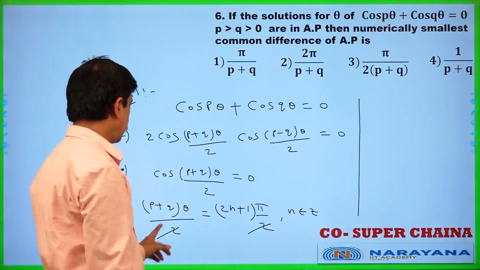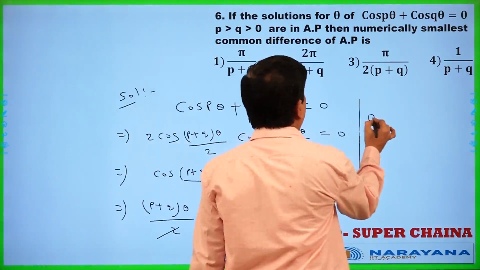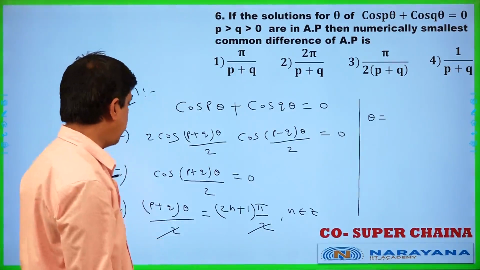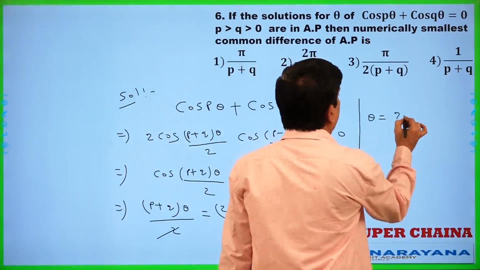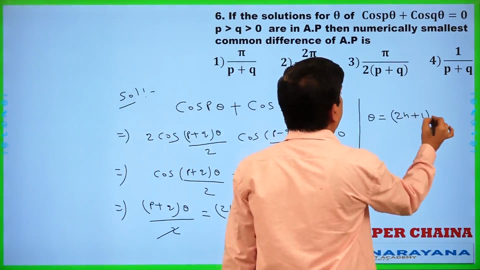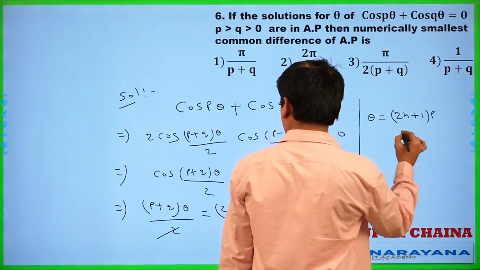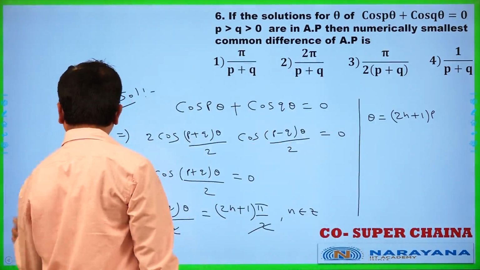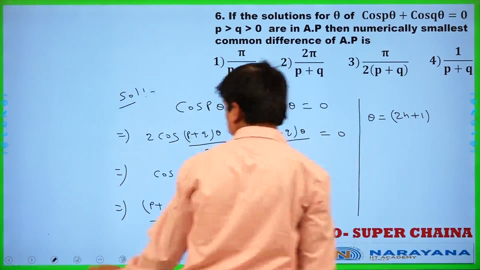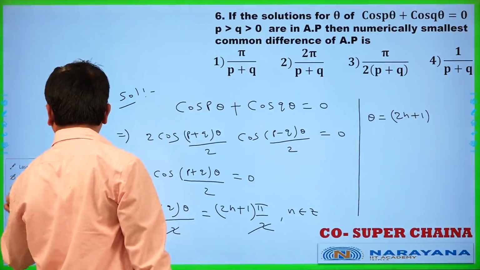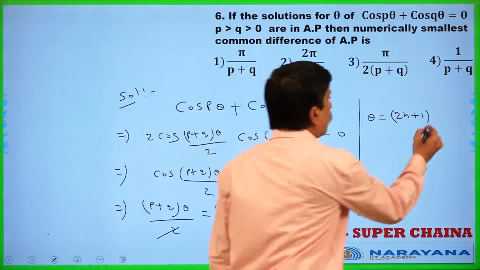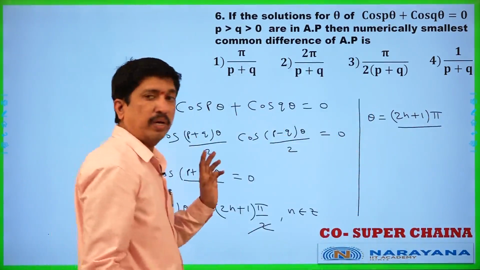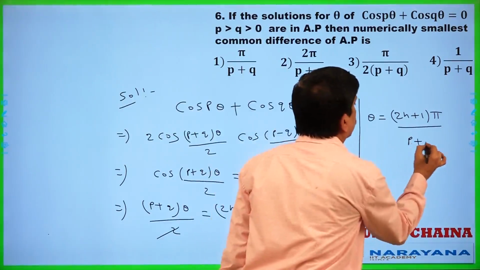Now, what will you get once you check this? Theta equal to (2n plus 1) into pi, and p plus q will come into the denominator, so theta equal to (2n plus 1) pi by (p plus q).